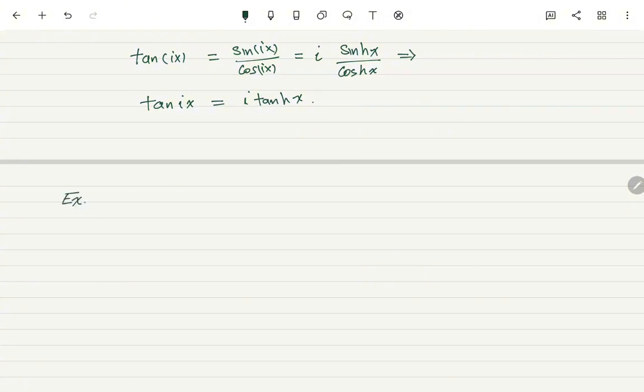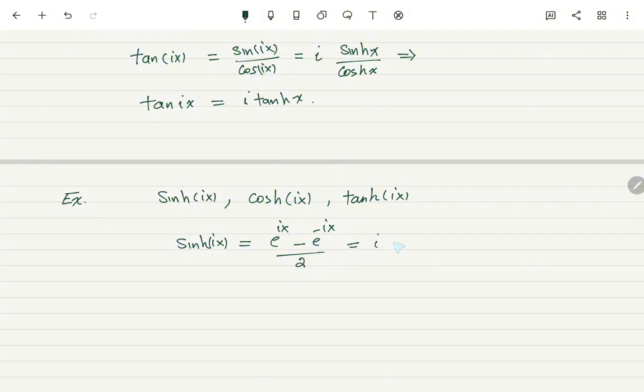Example: calculate sine hyperbolic ix, cosine hyperbolic ix, and tan hyperbolic ix. Now let's start with sine hyperbolic ix equal to (e to ix minus e to minus ix) over 2, and this is actually the definition of i sine x.